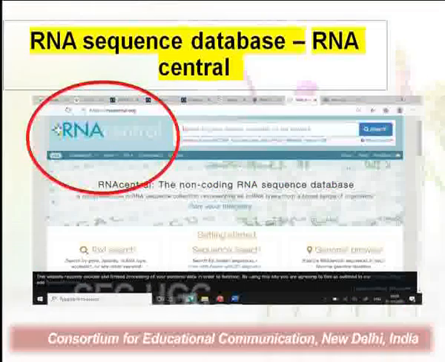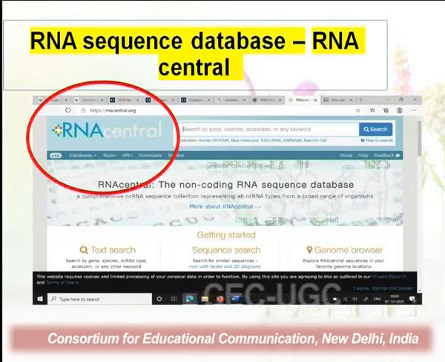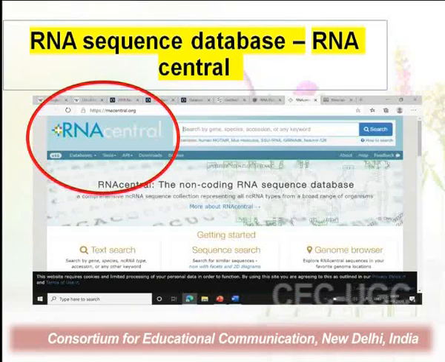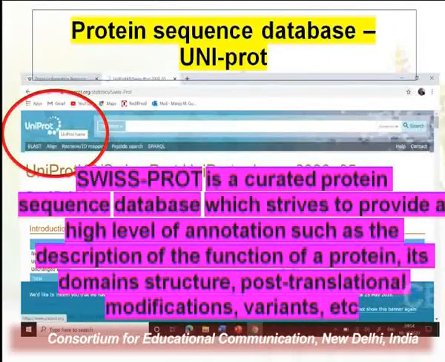If we come to RNA sequence databases, RNAcentral is the common example, and it contains the known coding RNA sequences and all information about them. If we talk of protein sequence databases, UniProt becomes the most common one, and it has merged itself with SwissProt. So SwissProt and UniProt nowadays are the same.